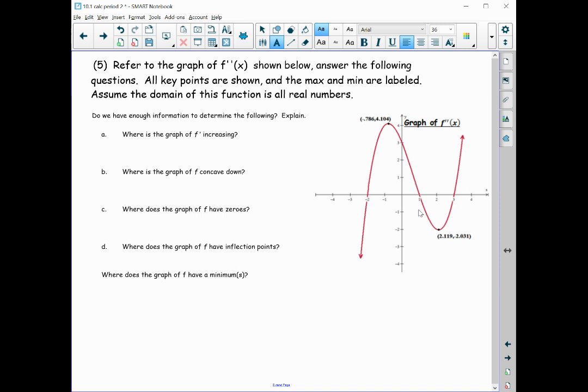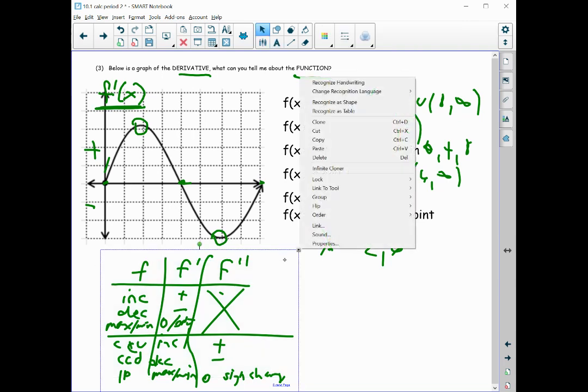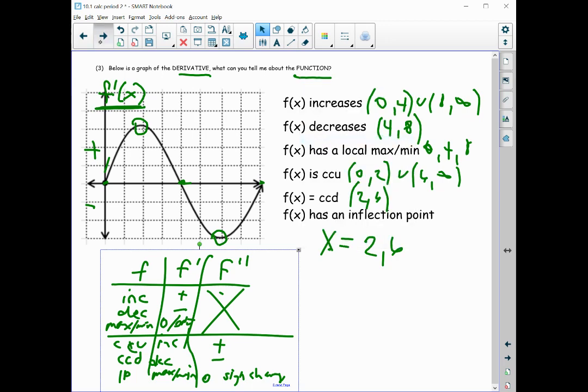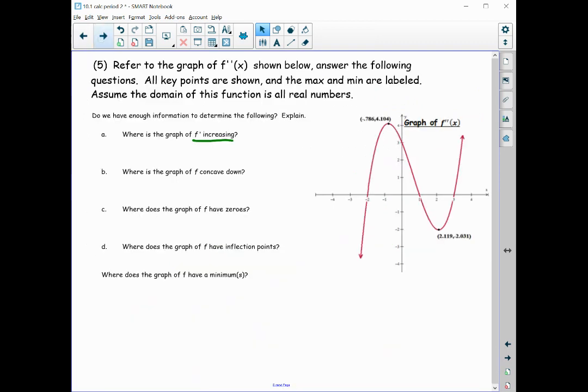Okay, welcome back. So where is the graph of F prime increasing? So now I'm going back to my little fancy chart, which I'm just going to copy the one from right here. I'm going to cheat a little bit, guys. I'll probably keep pasting it on every new slide now. Okay, so now I'm going to paste.